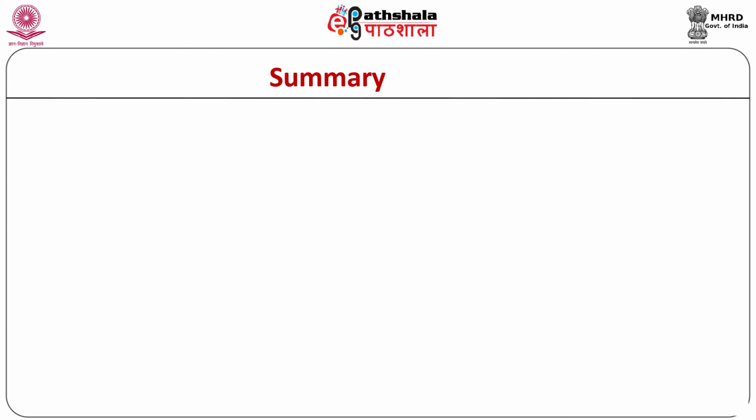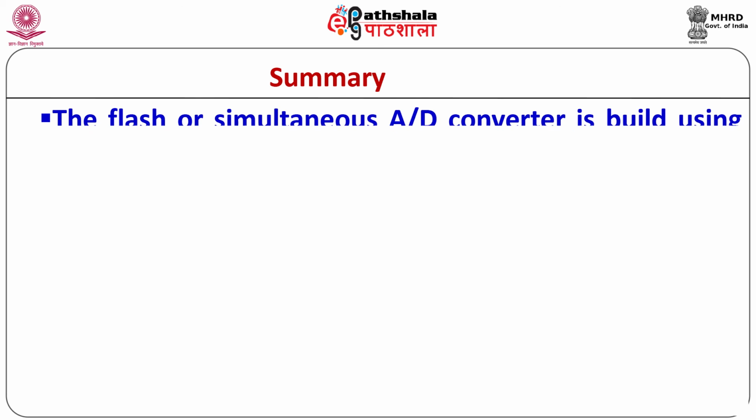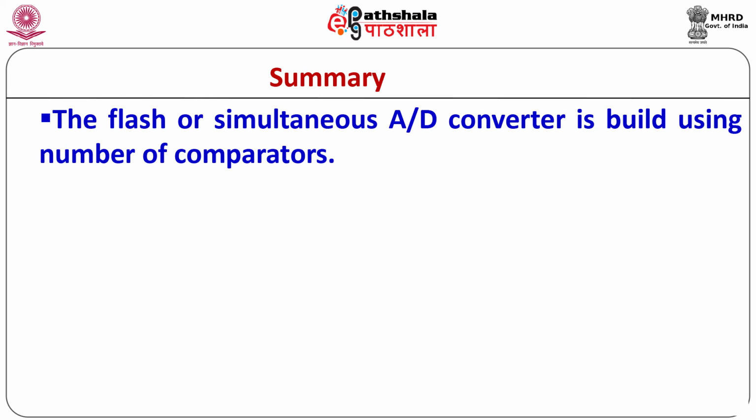Let us summarize this module. We have seen two methods of conversion of analog signal to digital form. The first one is the flash or simultaneous AD converter, which is basically built using a number of comparators.